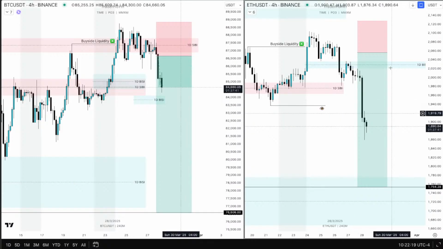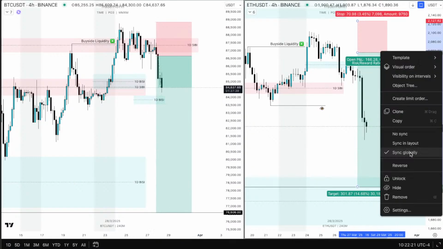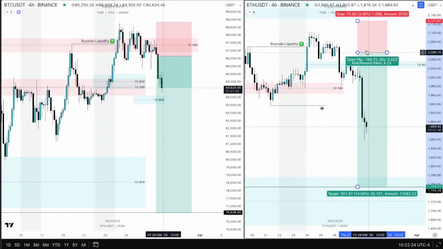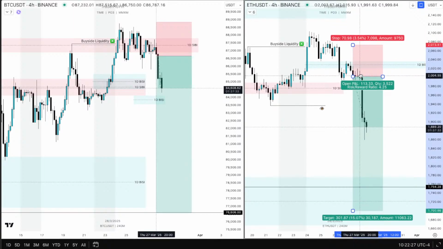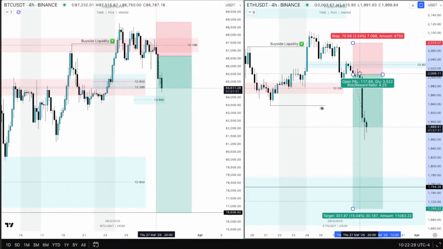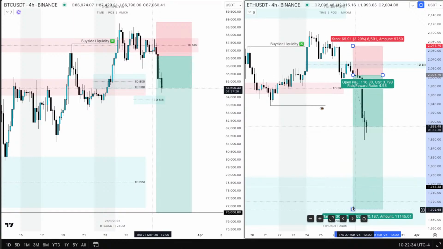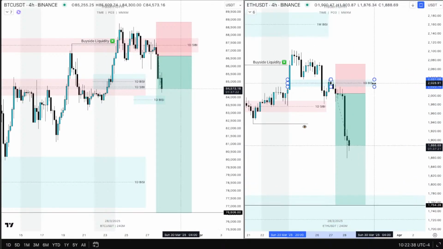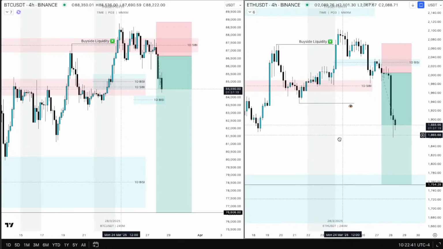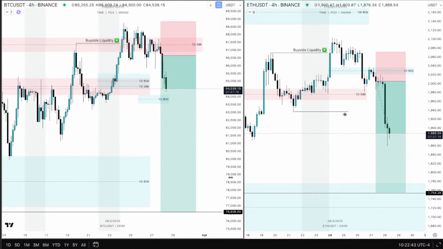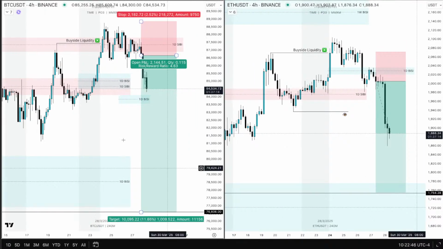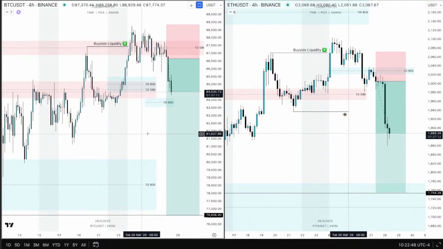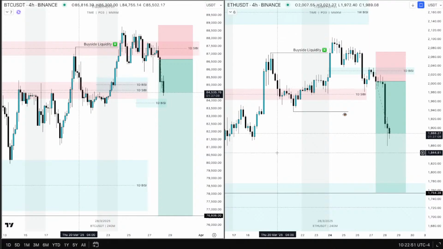Like today, the trade I took for the ETH short was around 2007. I shorted there. Why did I take this trade? Because you see, it's doing the same as NQ, right? Price, they are all the same. There's no difference. It doesn't matter if it's crypto or euro or gold.